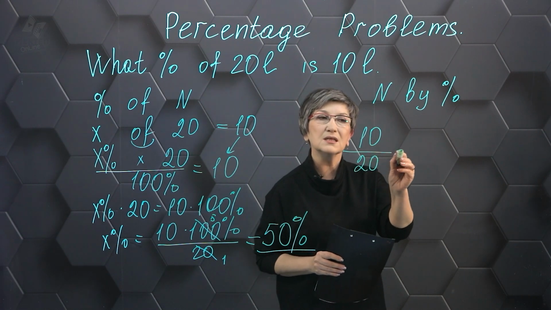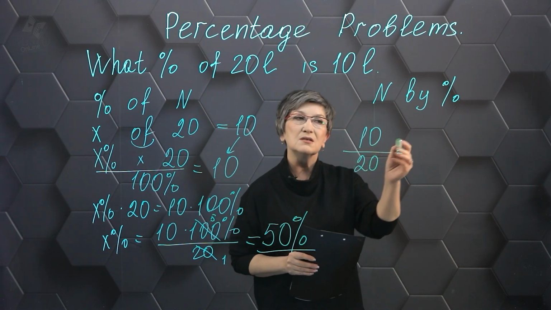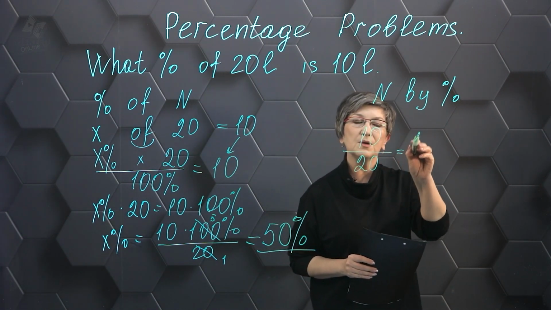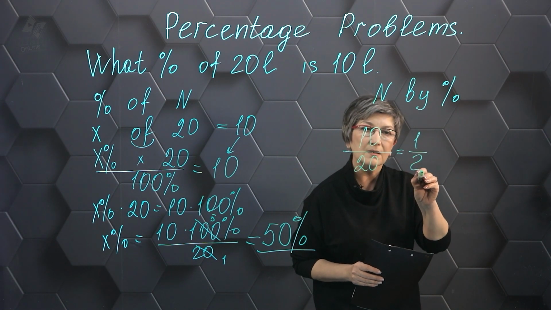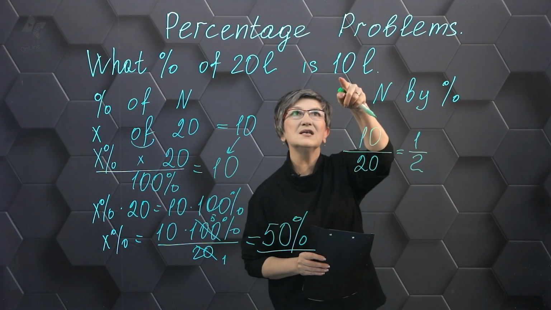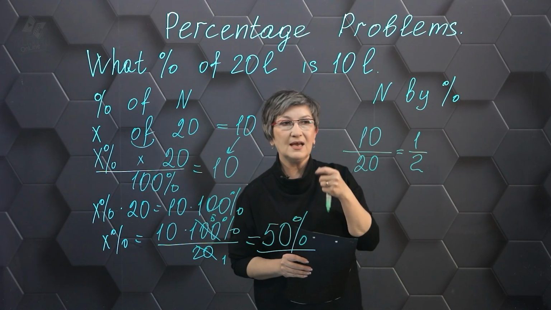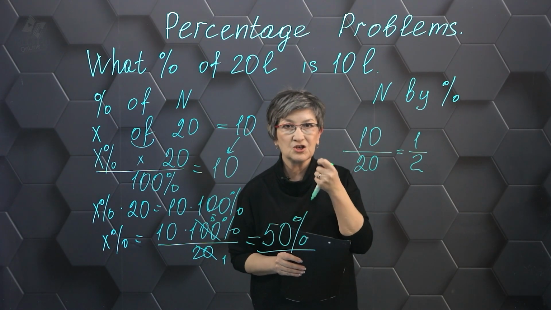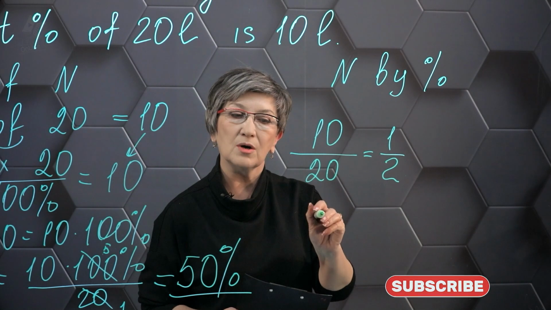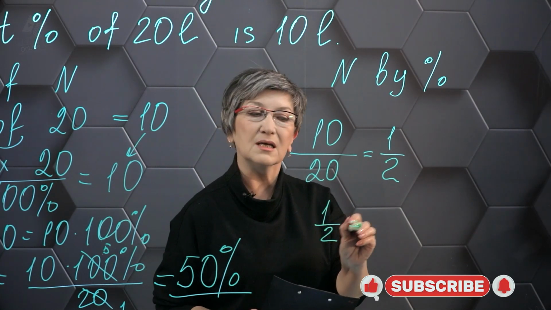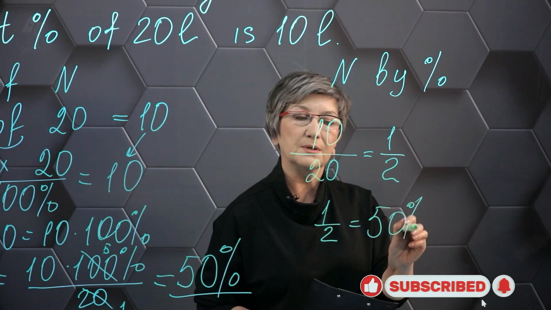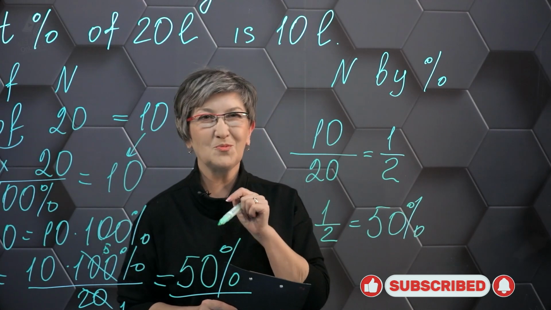Okay, 10/20 is a fraction. So 10/20, if I reduce it by 10, I get 1/2. So you get that 10 out of 20 is 1/2 part. And we know that 1/2 part is 50%. And in this way we can solve problems.